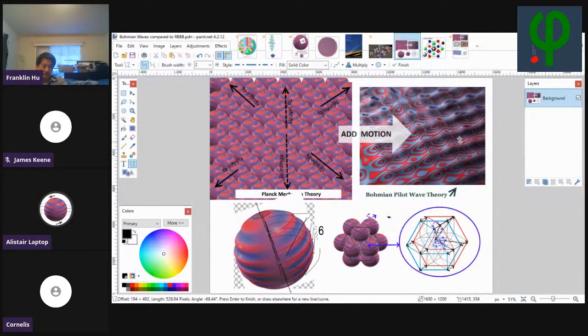I don't say that Bohmian mechanics is wrong. I say it's right, but I say this is the cause of it. It's what Maxwell did as well, and like I said, what James is doing and what you're doing, you're basically quantizing locales of space, and what Franklin is doing. Everybody's basically doing the same thing.